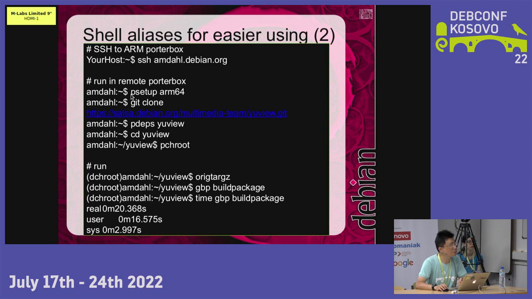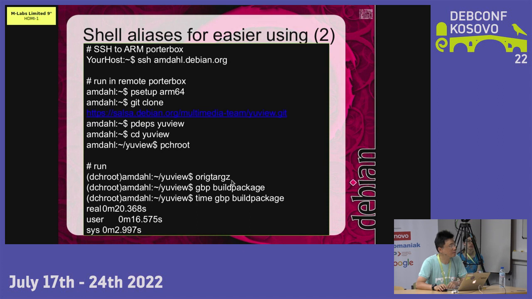So I use psetup arm64, git clone a repository to download all the source code, install the dependency packages for it, change directory to it, and use the Porterbox chroot to go inside.